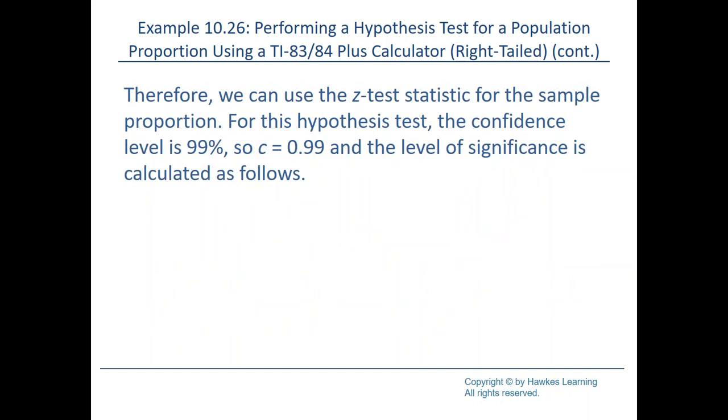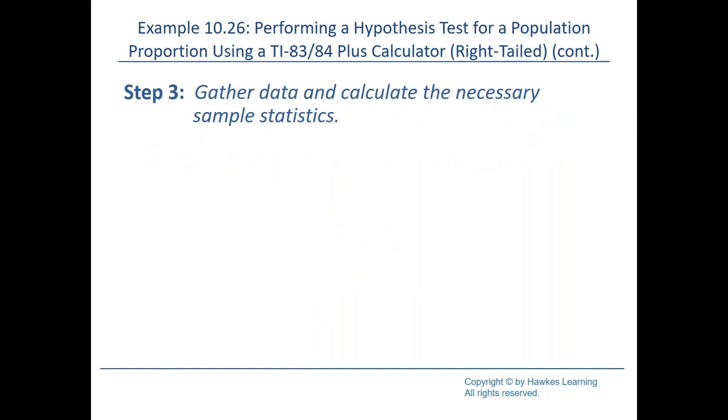Okay, so that tells me that it's going to be that 1-prop z-test that we're going to run, and so that means I'm going to have a z-test statistic when I run it. I do notice that they gave me the confidence level, so I do need to figure out what my alpha is, or my level of significance. And remember, alpha is just 1 minus that confidence level, so 1 minus 0.99, meaning my level of significance will be 0.01.